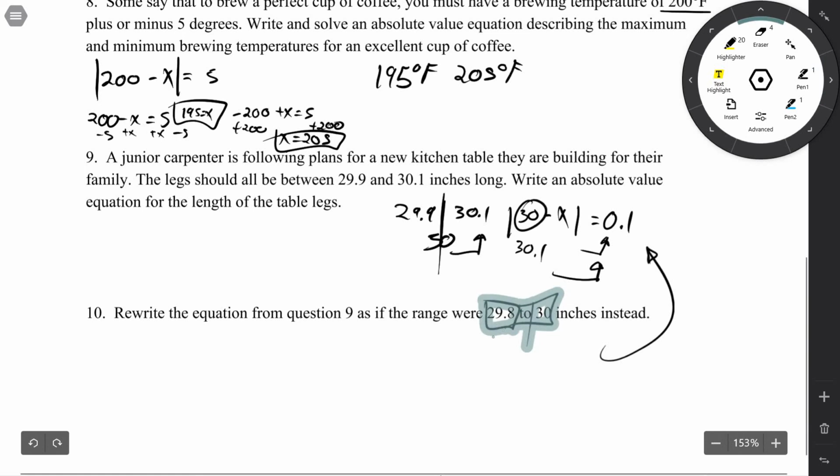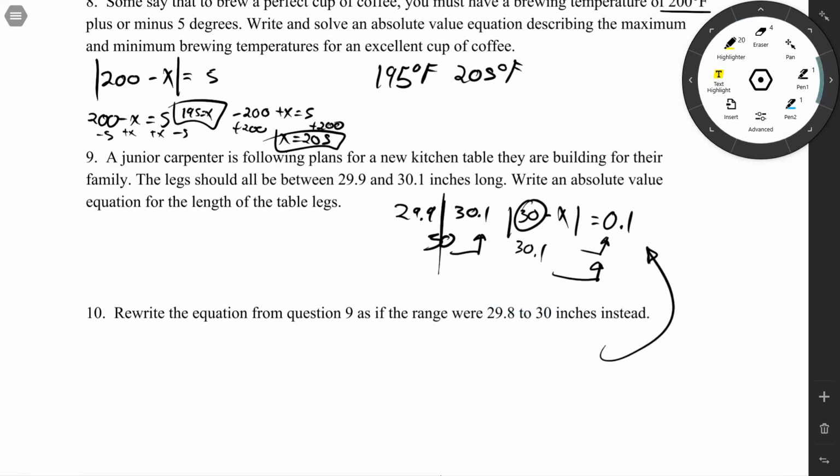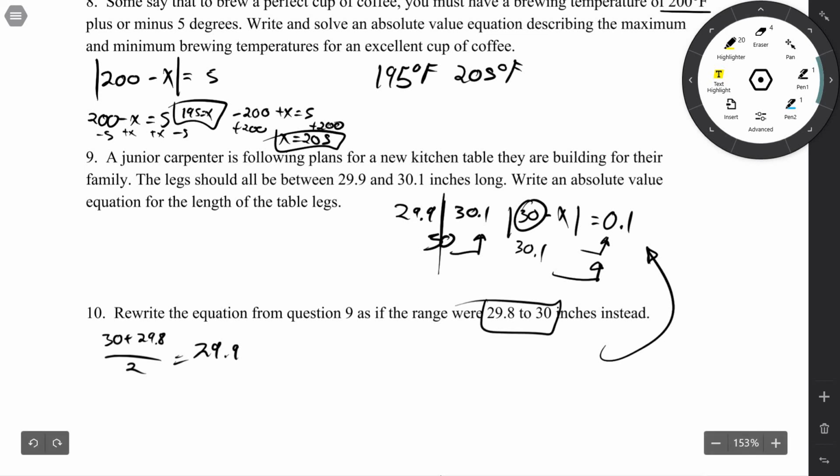We can do that by crunching those numbers in our head. Halfway between the two would be 29.9, or we can add both of the numbers, 30 plus 29.8 over 2. We're just finding the average, and that comes out to what you would expect, 29.9. So to rewrite the equation from number 9 to match this new range, we would write the absolute value of 29.9 minus x equals 0.1. And that's everything.